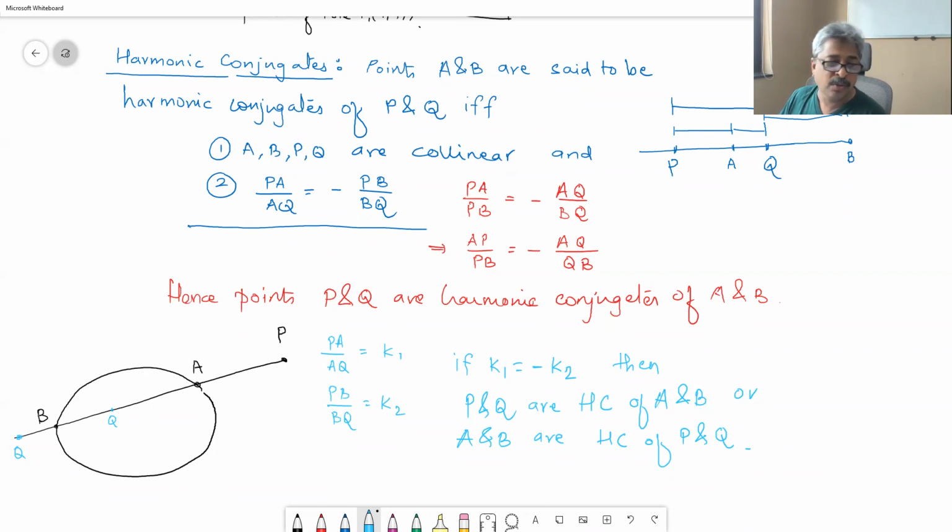If Q is here, then both of them will be negatively signed, because it is external division. If Q is between A and B, one is positive, one is negative, and so on. Q can move anywhere on that line. Okay, that is one part of the story.